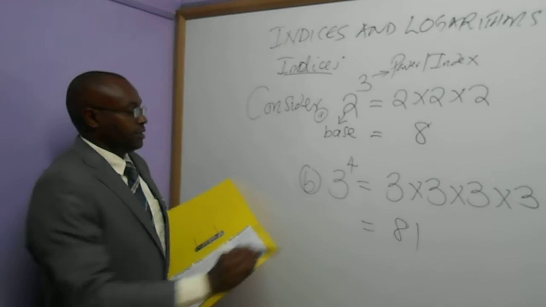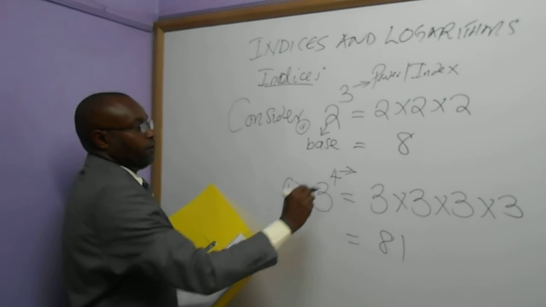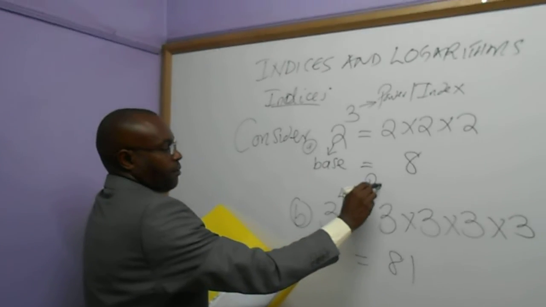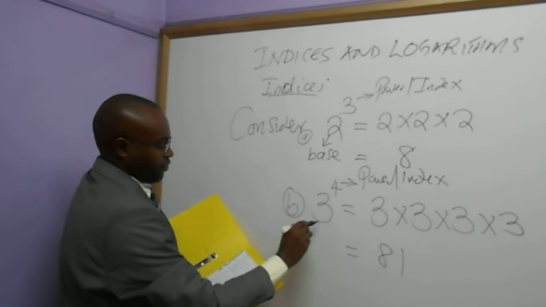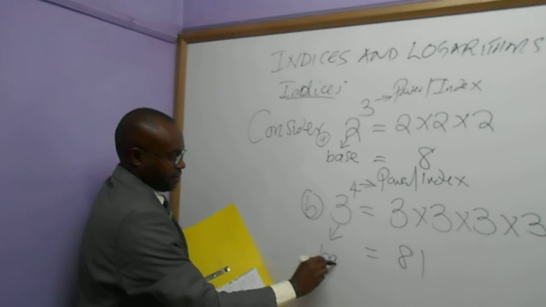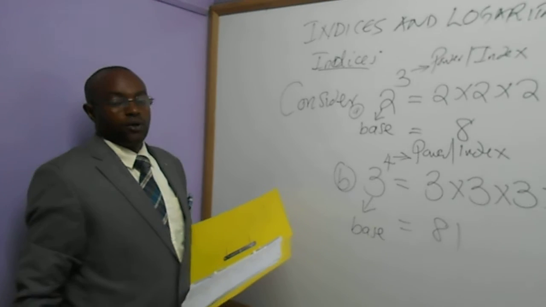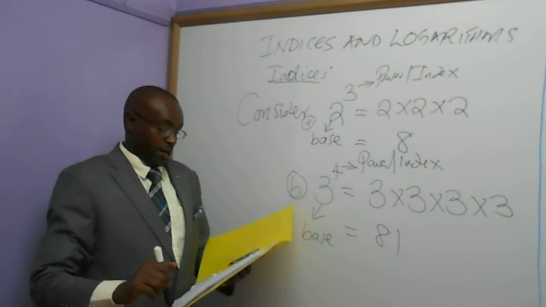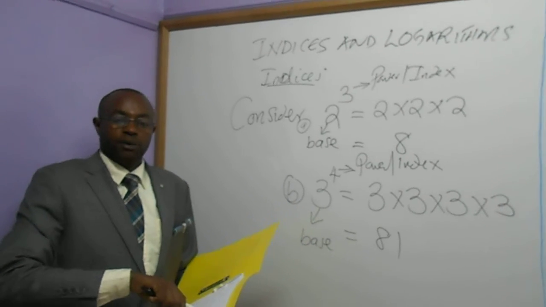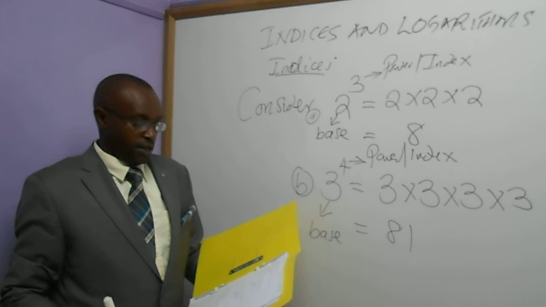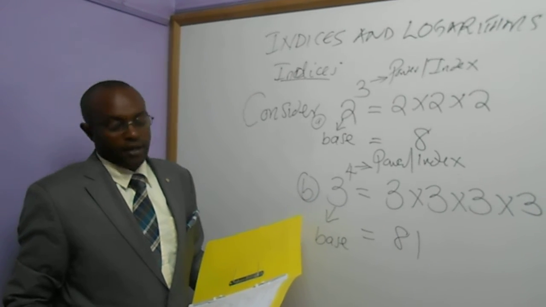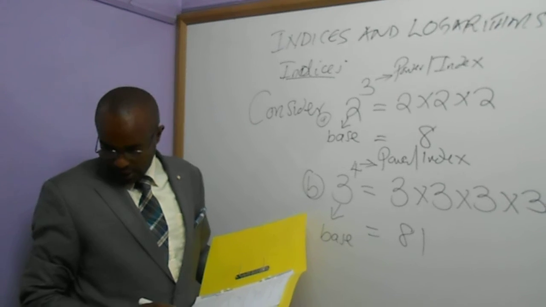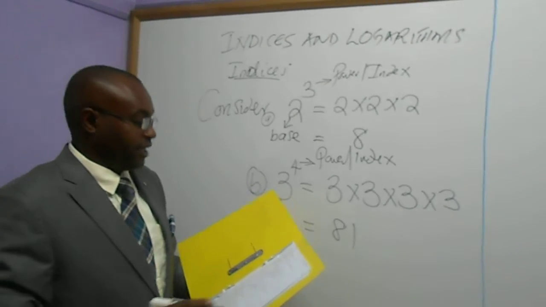So together we are going to say 4 is the power or the index, and 3 is the base. So class, I do hope now, if you are asked to explain what indices are, you are in a position to do so. The next thing we're going to look at is the laws of indices.